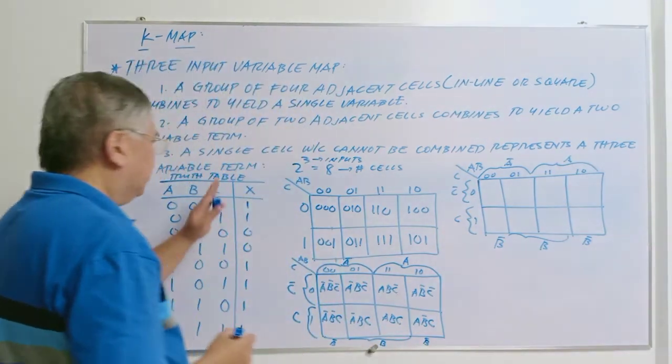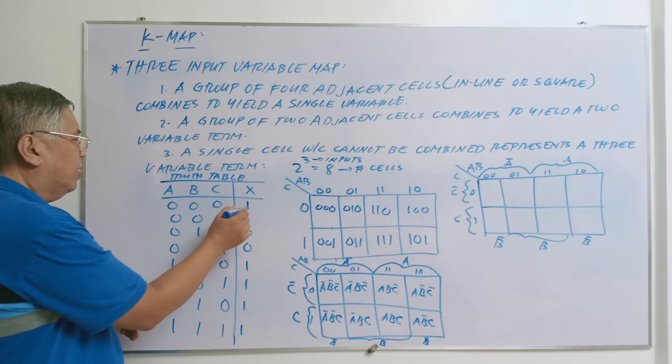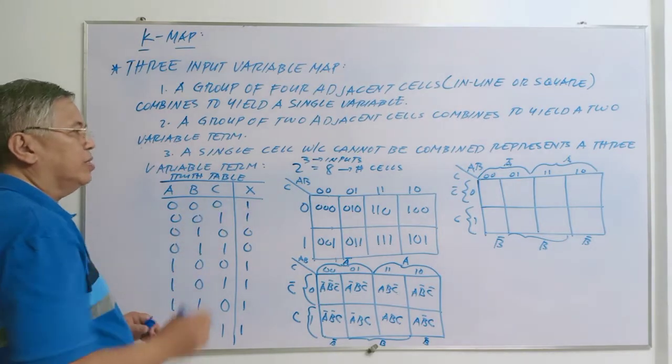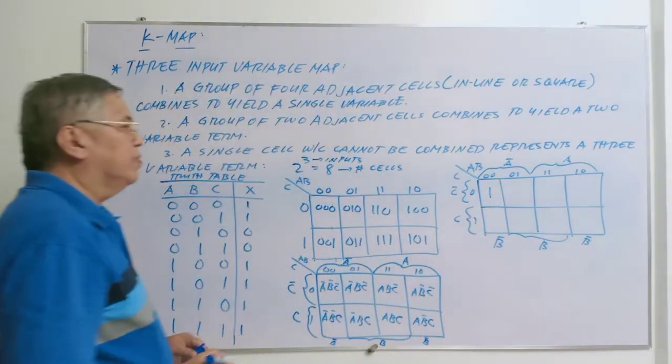Okay? So according to our output X, X is equal to 1 if you have 000.